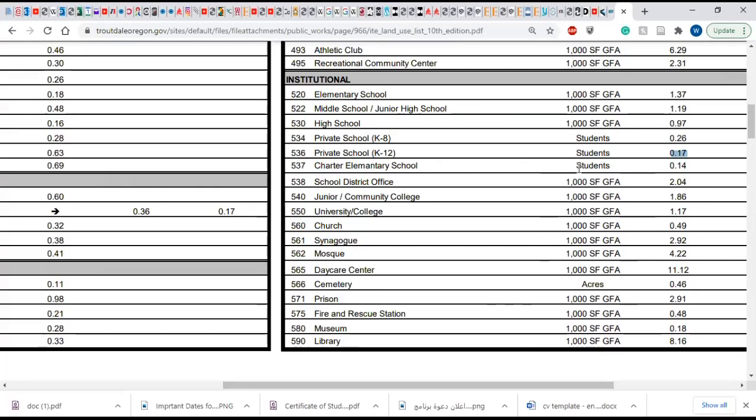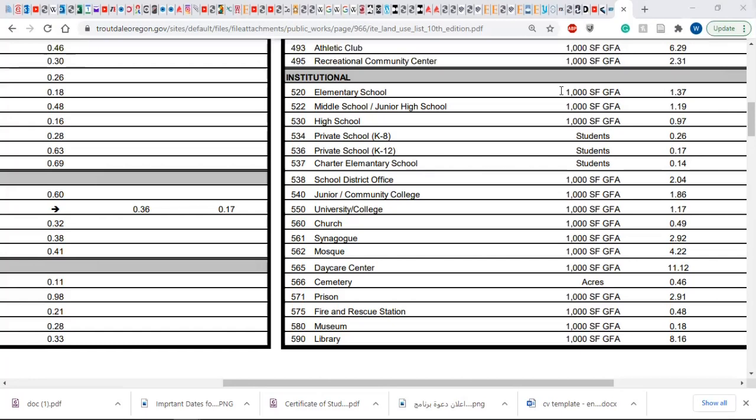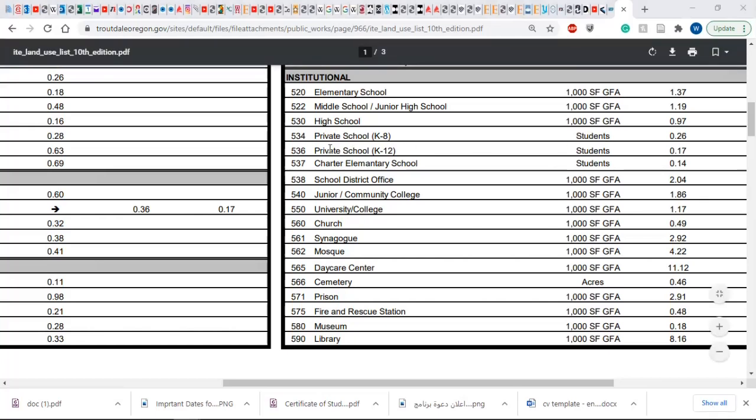For a private school, for each student, there is an expected number of trips of 0.17. Does this make sense? Maybe some students come together in a bus or something like that. Exactly, because most schools have school bus service.